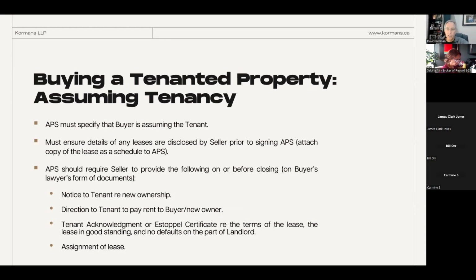And if they failed to put it in there, and after closing the tenant says, oh, I had an agreement with the old owner that I don't have to pay rent for 3 months, well, the new buyer can say, sorry, tenant, you don't have the right to insist on that. You should have disclosed that to me in your tenant acknowledgement. Your tenant acknowledgement gave you the opportunity to tell us that your lease was amended by those terms.